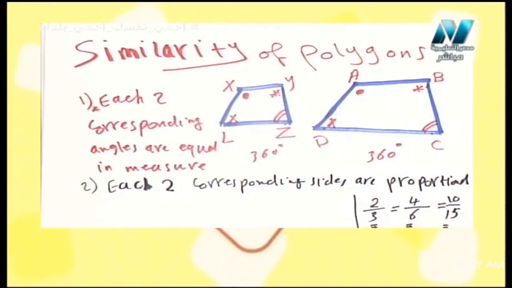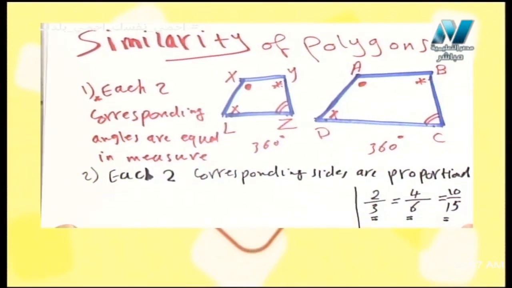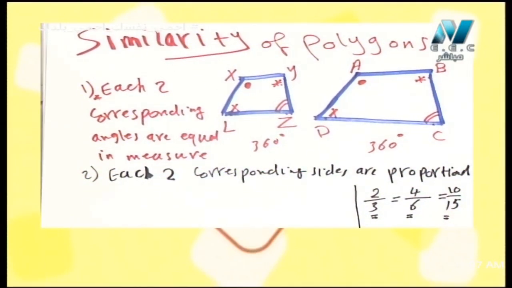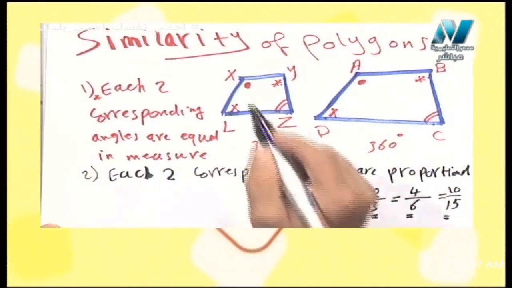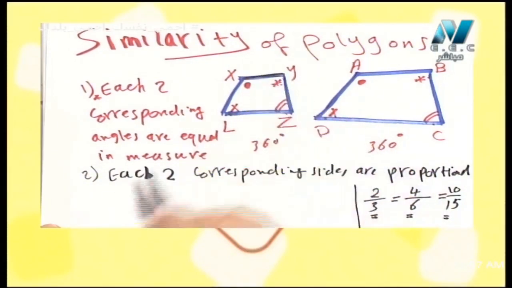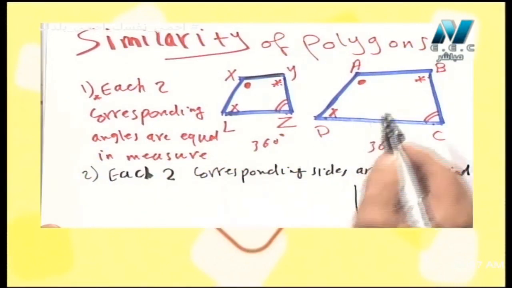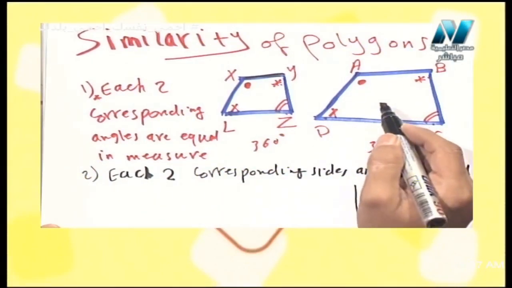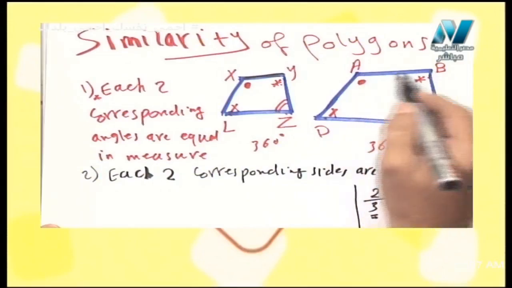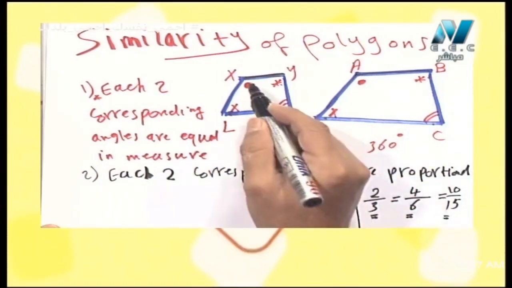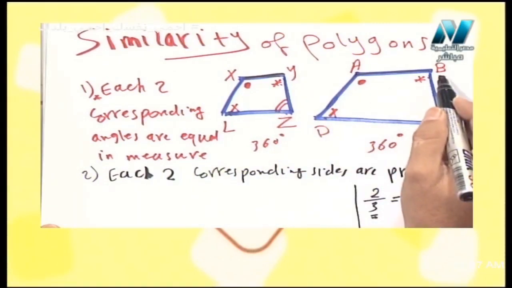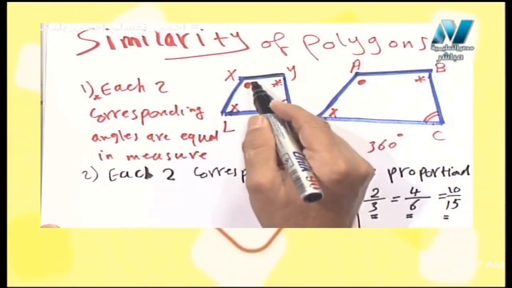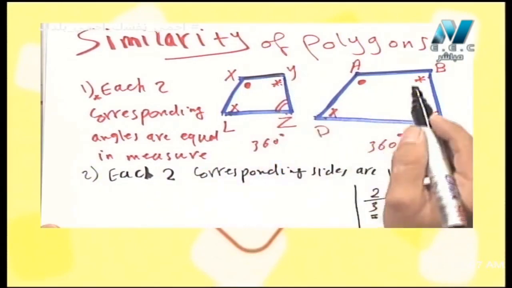Okay? And if we talk about proportionality of each two corresponding sides, first we ask ourselves what the corresponding sides are here. The side XY. What is the corresponding side in the second shape? Of course, intelligent students say AB. Why AB? Because X is corresponding to A, Y is corresponding to B, so the side XY will be corresponding to AB.